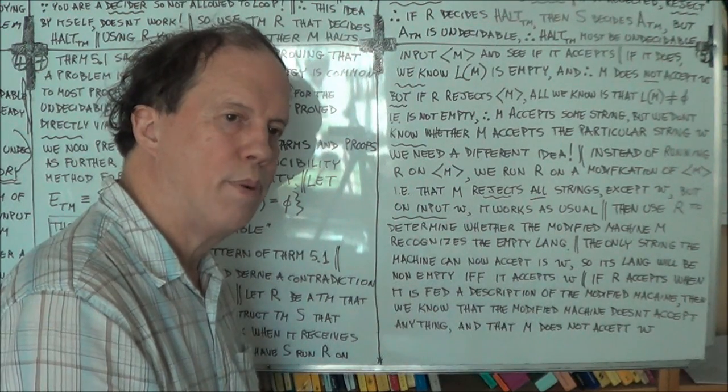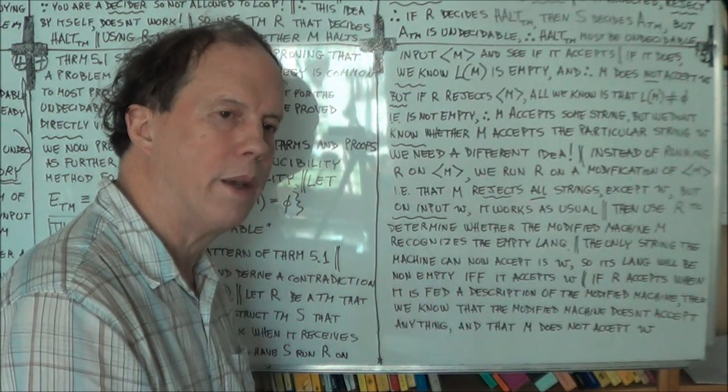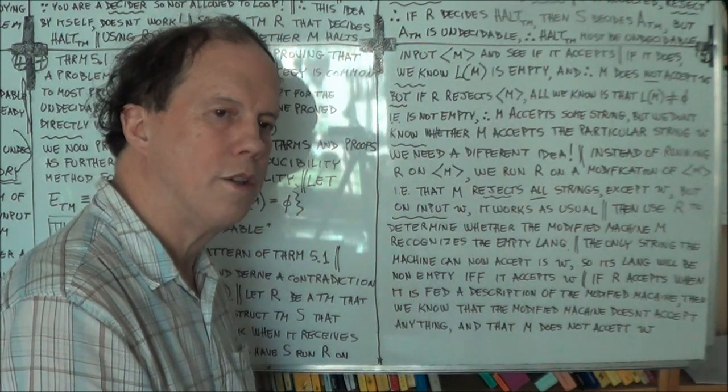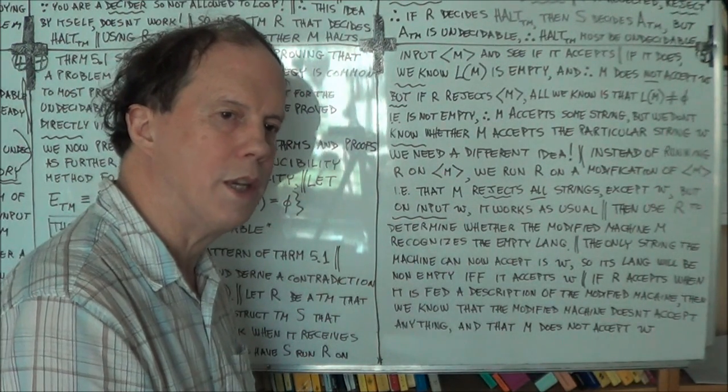Now put that ordered pair M dashed, comma, W into your ATM. What will ATM do?